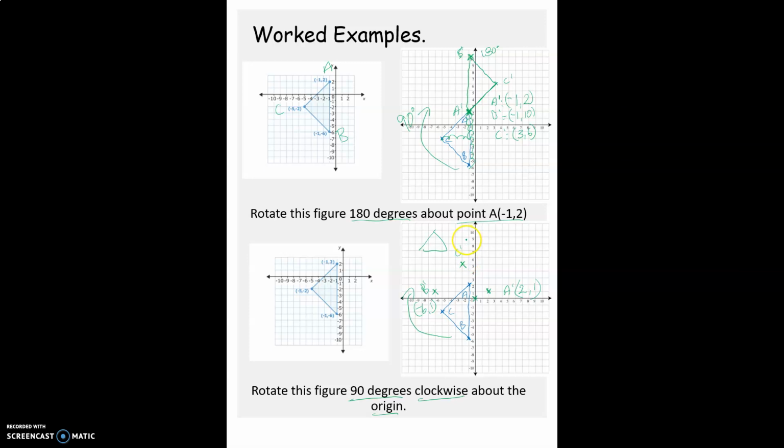It's our C dash, (-2, 5). We can go through now and connect our 3 points and make our rotated shape.